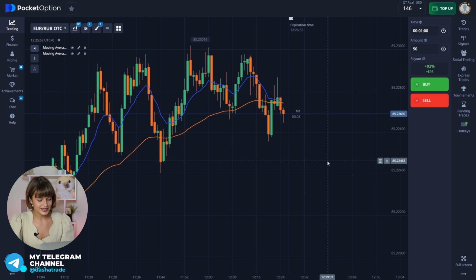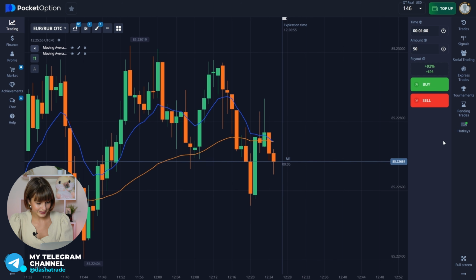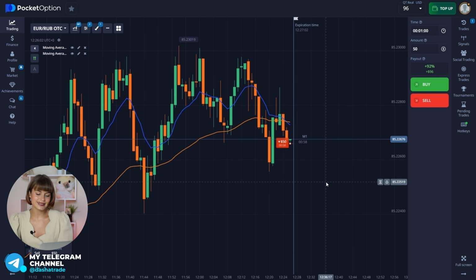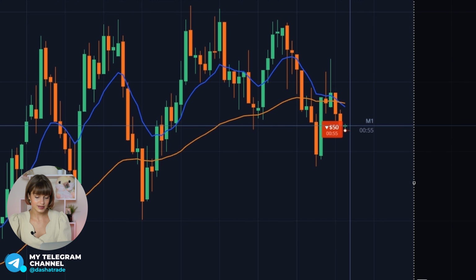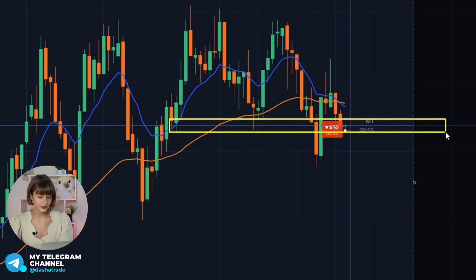So, I found an interesting situation to enter the trade. I will wait for this candle to be closed to open my position. Okay, my trade is open. Let's check what we can see in this situation. I saw that we had a certain level of support from which there were certain reactions to the increase.